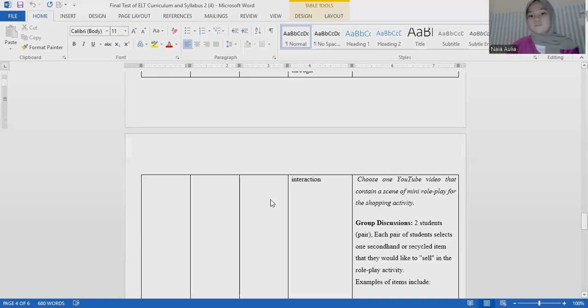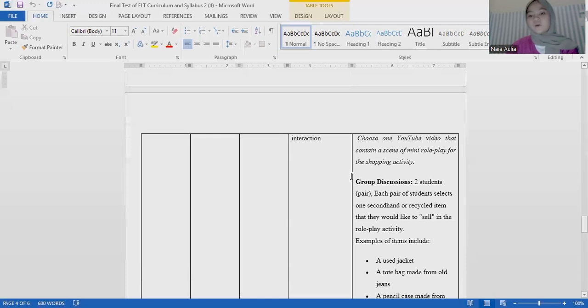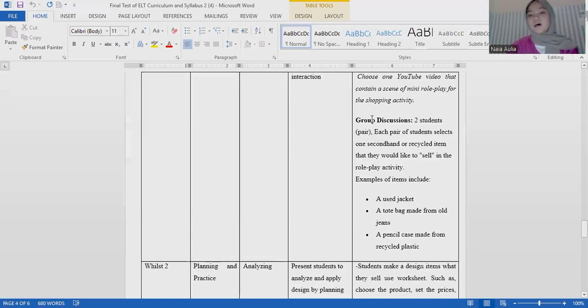The next activity is a group discussion in pairs of two students. Each pair selects a second-hand or recycled item that they would like to sell in the role play activity, like pre-loved items or recyclable items, and then they create a role play.